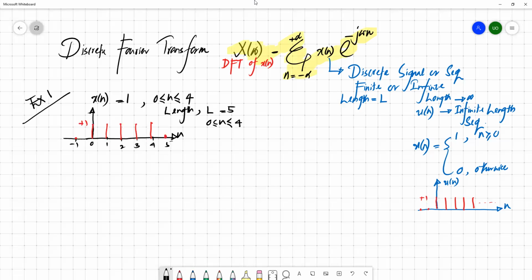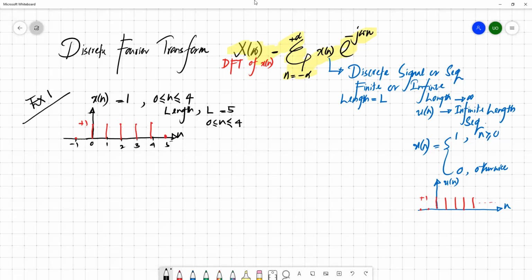So n equals 0, 1, 2, 3, 4, and the rest of the values of n are 0. Then you are asked to evaluate the Fourier transform of x[n] and to plot the magnitude and phase spectrum of the signal.